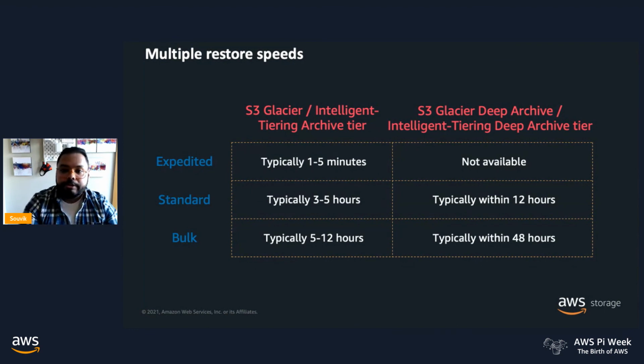With the S3 Glacier storage class or the Intelligent-Tiering archive tier, you can get your data back in as little as a few minutes using an expedited retrieval, or a few hours using a bulk retrieval. On the other hand, if you think you can wait 12 or maybe 48 hours for your data, you can use S3 Glacier Deep Archive or the S3 Intelligent-Tiering Deep Archive access tier to store data at the lowest price in the cloud at about $1 per terabyte.